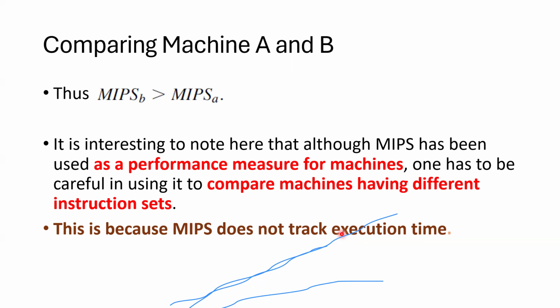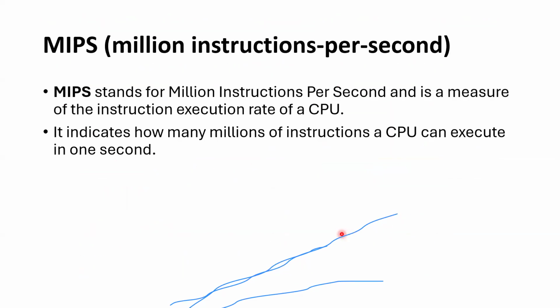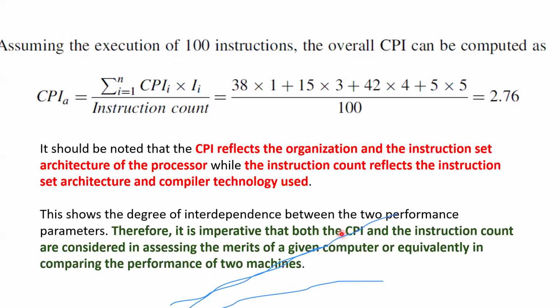You can see over here as a note, I put it there empirically, that when you are assessing, it is very important to know that it depends on the CPI and the instruction count. Hence, it gives you a particular picture. If it is not there, then you use another method to compare.